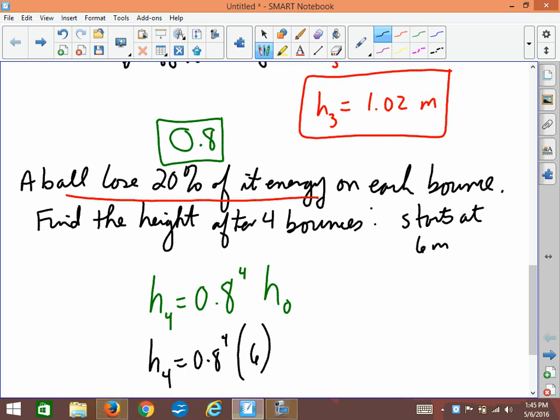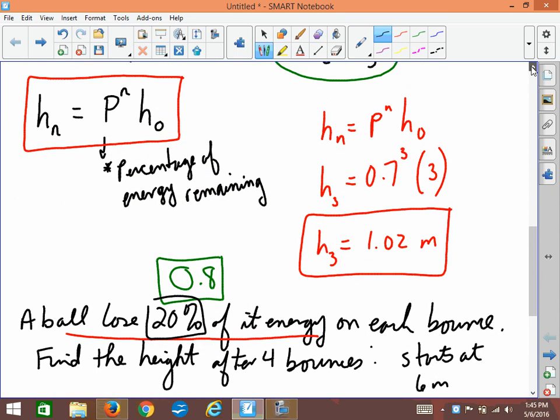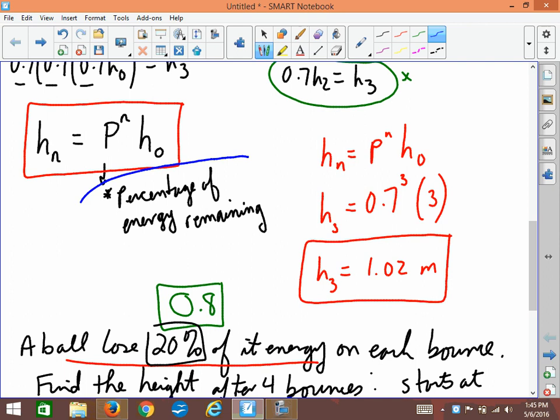But you'll notice how we didn't just put the 20 in there. If it's losing, you have to do the little flip. You have to subtract from 100% to figure out how much is retained. So it's important to remember that the P, or the percentage you use, is the energy that's remaining or retained by the ball, not the energy lost.